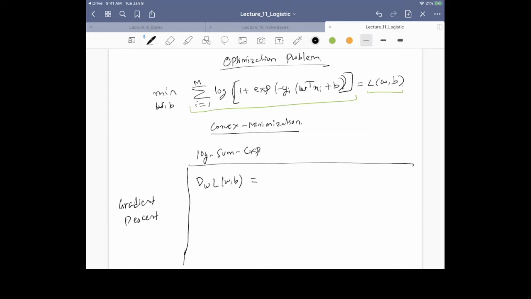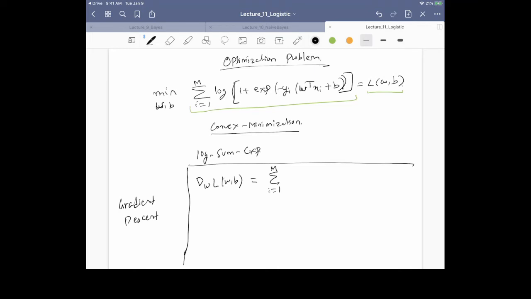This gradient is pretty straightforward because you have a sum over here first of all, the sum over i from 1 to capital M, and then the log of something. So what's the derivative of log x? We apply the chain rule.